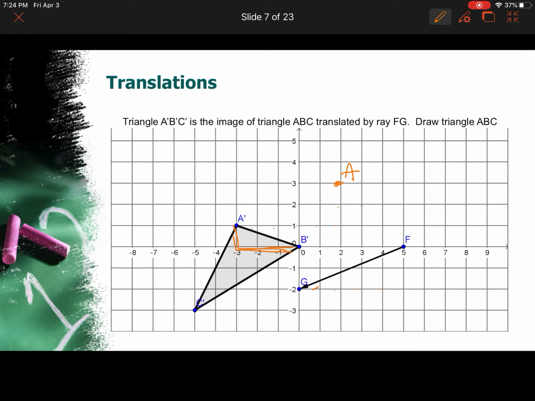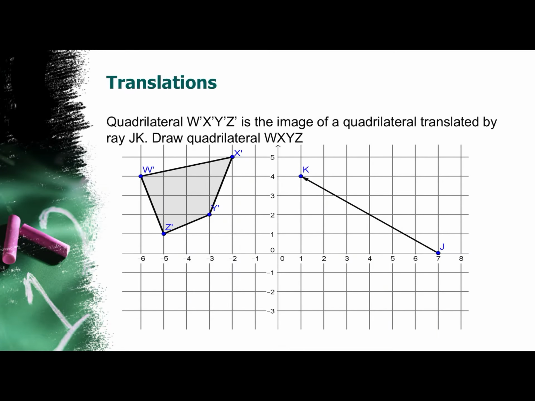This is down 1 over 3. From here, we're down 1 over 1, 2, 3. So this would be my B. And it's still going to be the over 5 up 2, right? 1, 2, 3, 4, 5 up 2. There's my C. So there was my image.